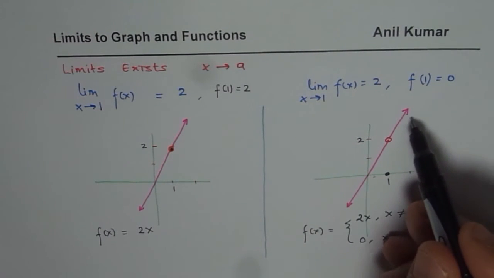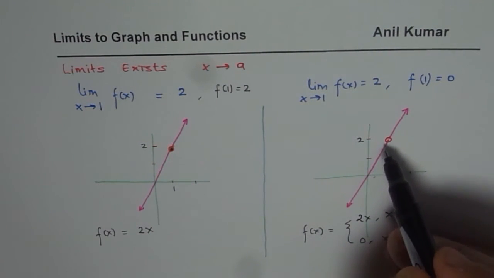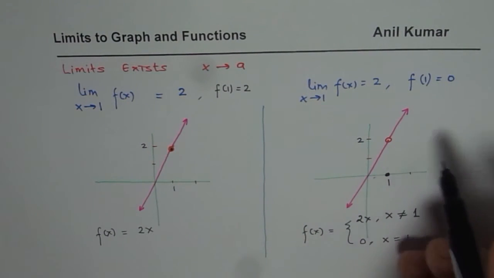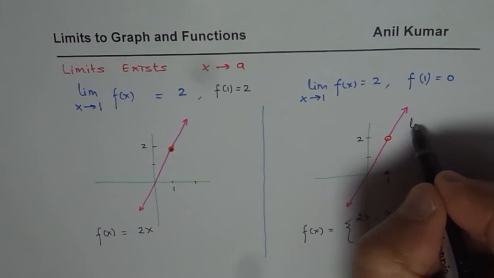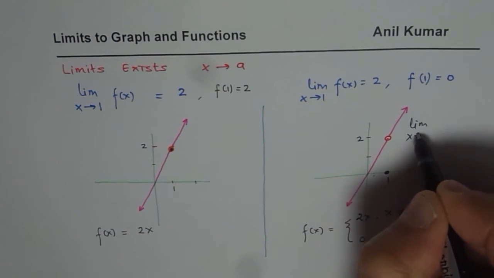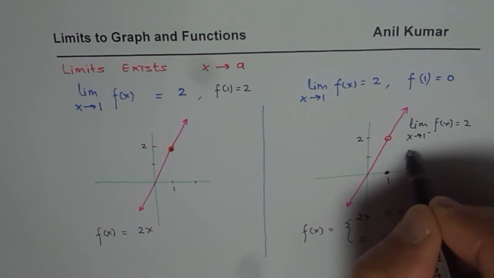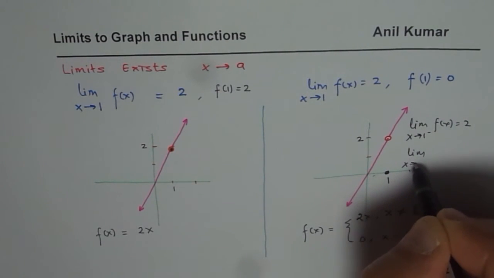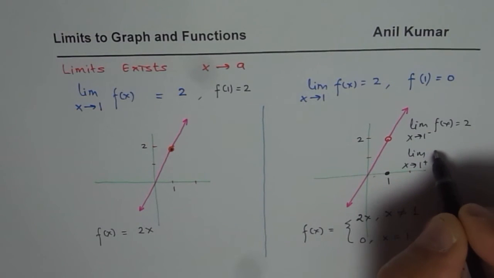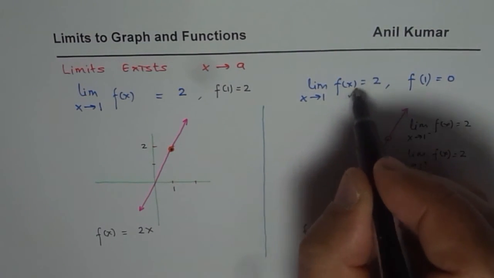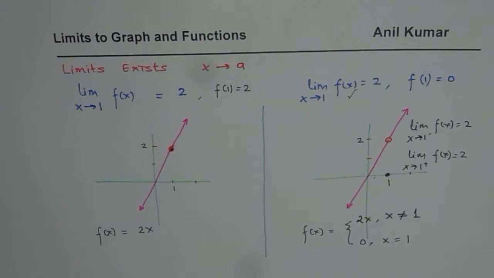When you approach from the right side, the limit is again 2. Therefore, the limit of the function as you approach 1 is 2. So the limit as x approaches 1 from the negative side for f of x is 2, and the limit as x approaches 1 from the positive side is also 2, and therefore this condition is satisfied, and the value of the function at 1 is 0.